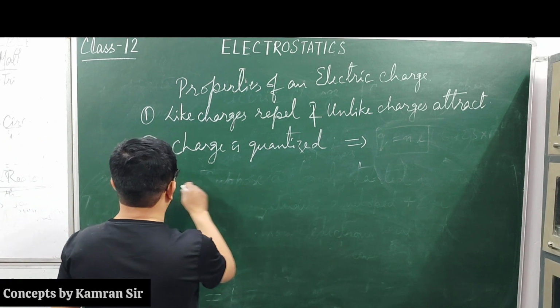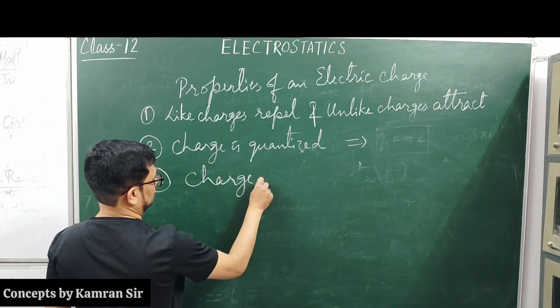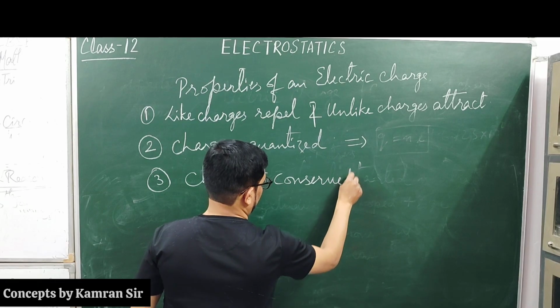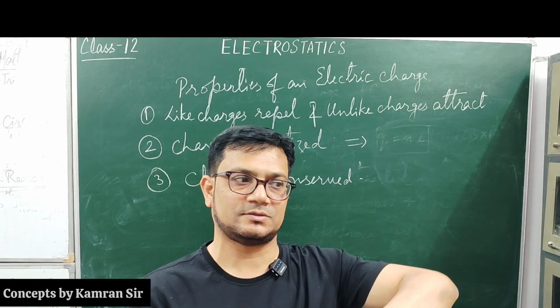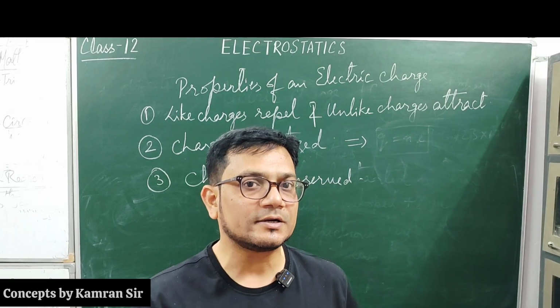So the third property is charge is conserved. In an isolated system, electrons going from here to there are nowhere getting created or destroyed.